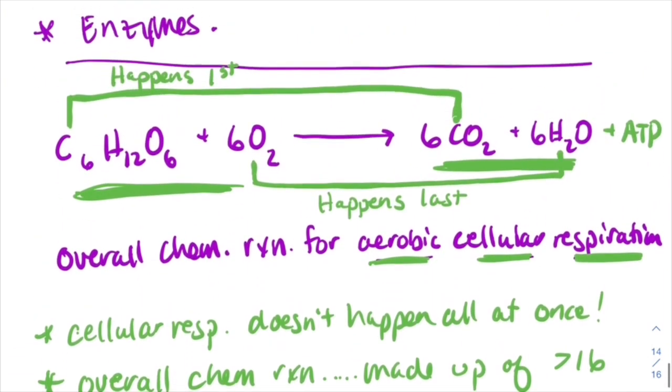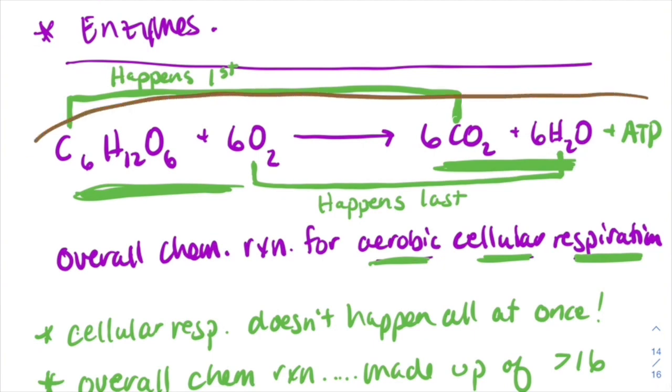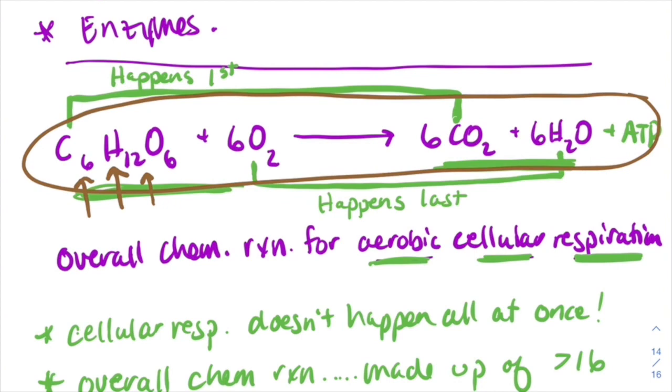And what I'm telling you here is that this chemical reaction right here doesn't happen all at once. I mean, sure, I could go over to Frost Building and put a bunch of pure glucose into one of those ceramic dishes, put it on a Bunsen burner, and I can get some of that glucose to combine with oxygen that's in the air, and we'll get some carbon dioxide and water out of it.